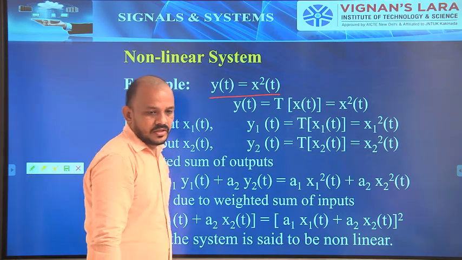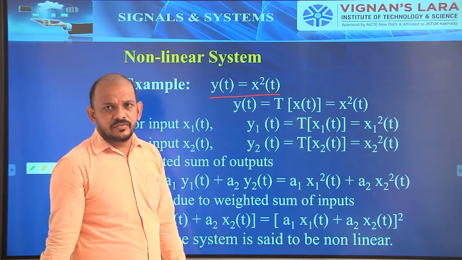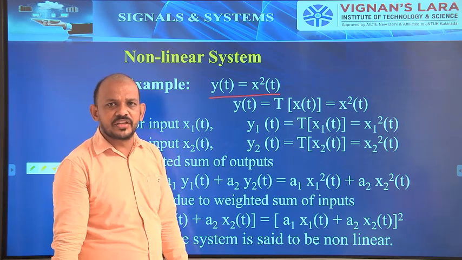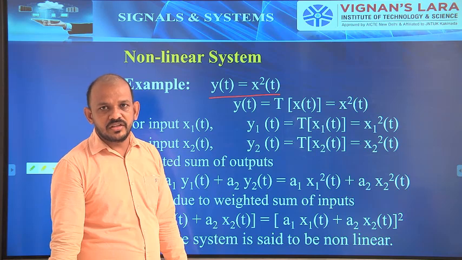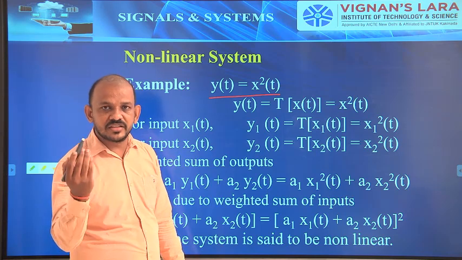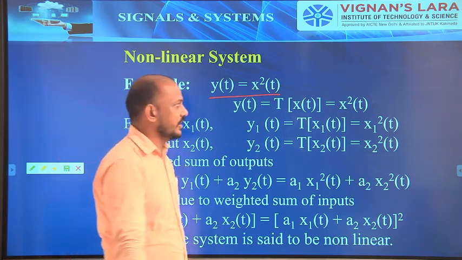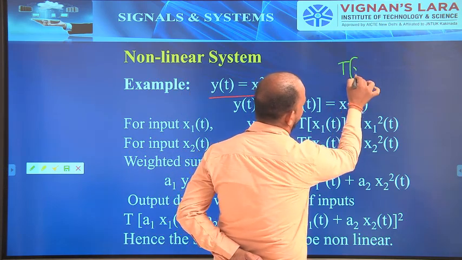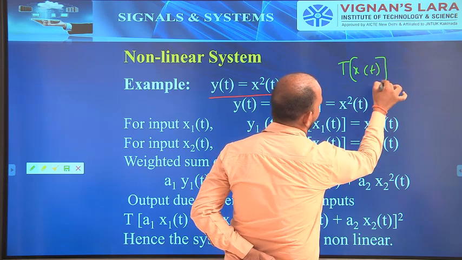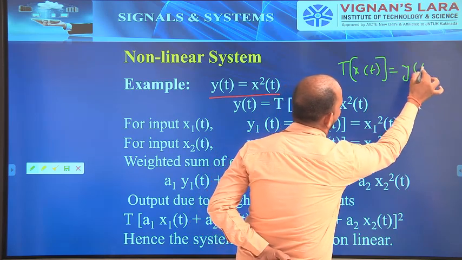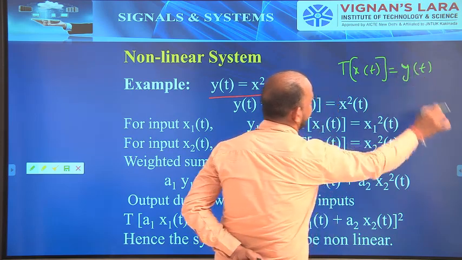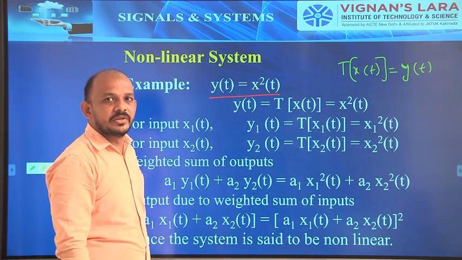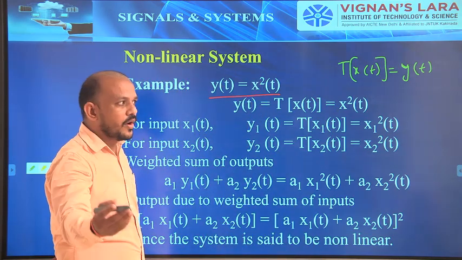Okay, first, for a general system with input signal as x of t and output signal as y of t, mathematically we can express that as the transformed version of x of t will be equal to y of t. So this is the general mathematical expression for a system with input x of t and output y of t.